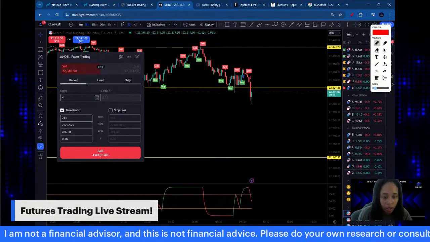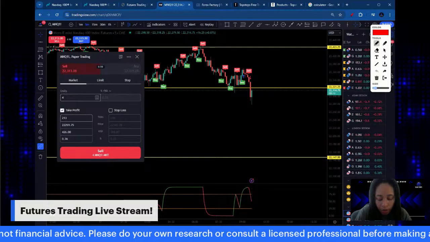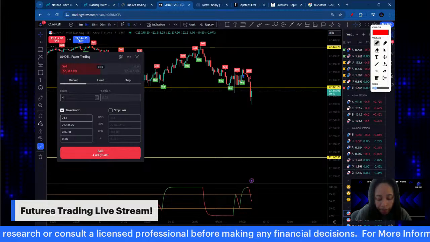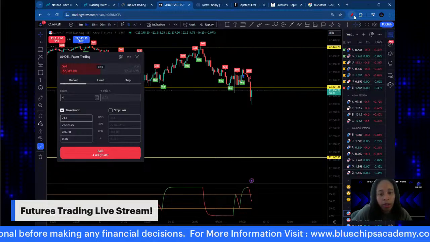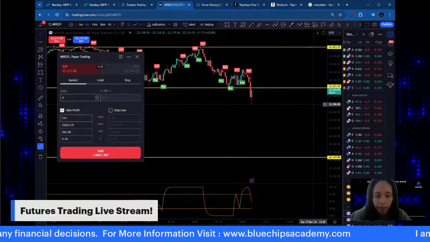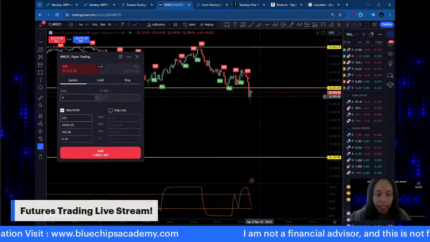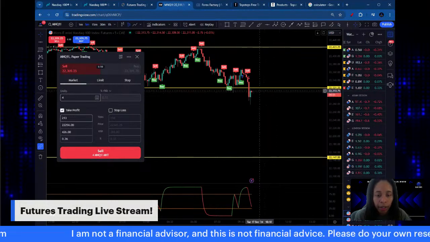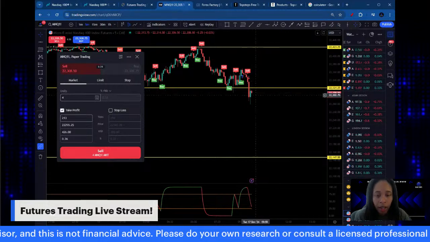We got about 15 seconds left on this specific candle here. And let's just see what we are looking at, guys. Okay. This next candle will tell me what I'm looking for. If we get another green candle here, we found support.